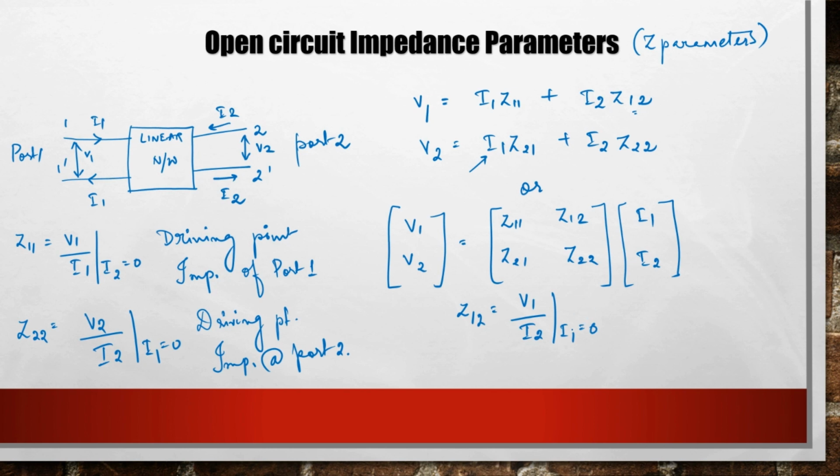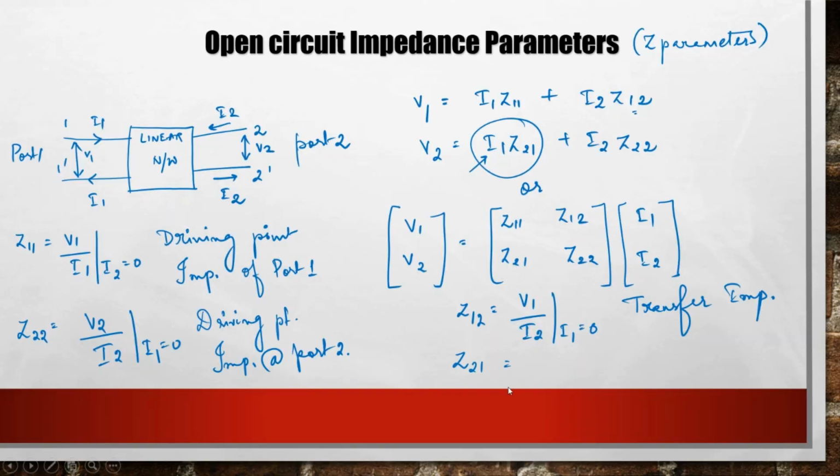So this is again open circuit, because if you look at all of these parameters, the current is 0, and the current becomes 0 only when we have an open circuit, which is why we call the entire set of parameters open circuit impedances. All of these are actually impedance values, V by I. Here, the only difference is this is V1 by I2, which is why we call this the transfer impedance.